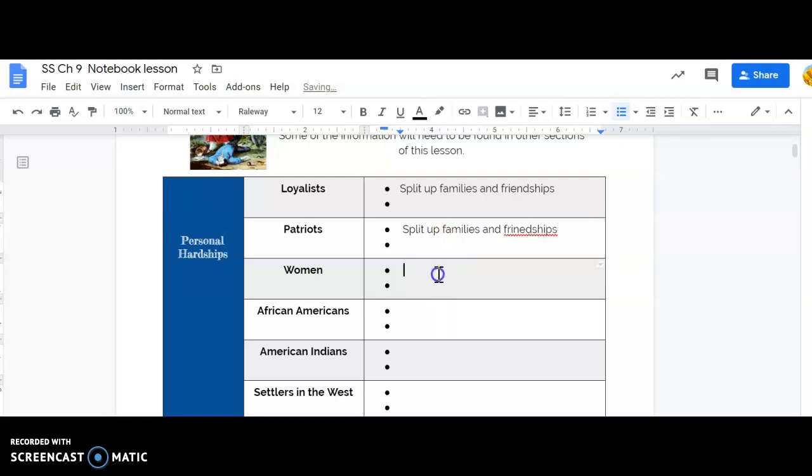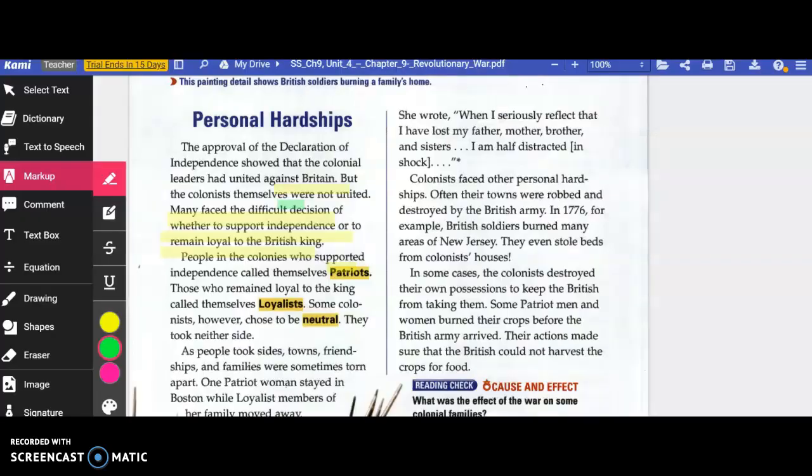Okay. Personal hardships for women. So far we have something here about, what did she say? She's in shock. Okay. Being torn apart from her family members.